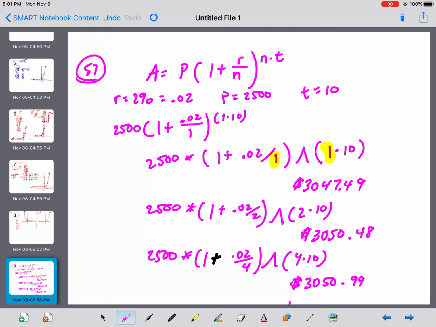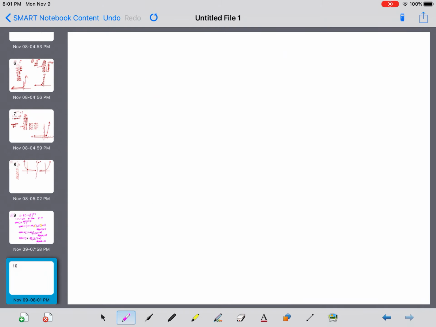But, all right. So then you got to keep doing these. So then you got to do 2,500 times 1 plus 0.02 divided by 12. So you're going to compound it 12 times a year, raised to the 12 times 10 power. All right. So this is going to be $3,053.